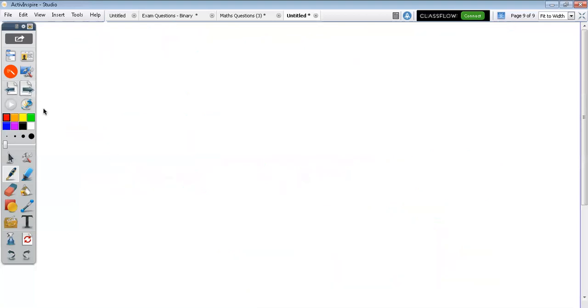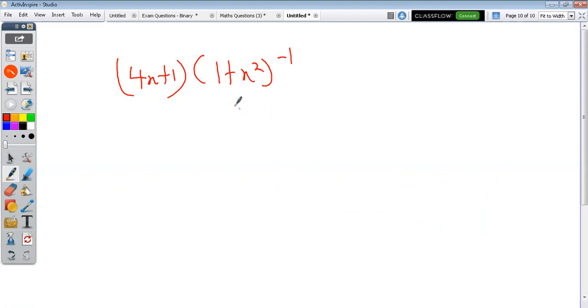We now will go to the next part. 4x plus 1 multiplied by 1 plus x squared to the power of negative 1. So I can simply do this part here, then I'll multiply by this. Hope it's making sense where we are going. So if we do this part here, it's simply 1 plus nx, we multiply this, we get negative x squared.